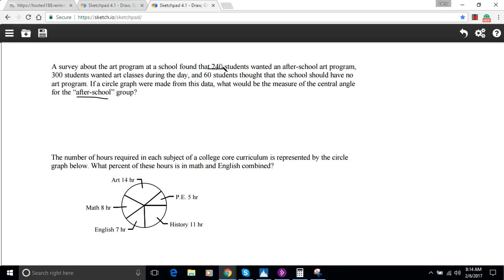So we want to, again, create a fraction of this part out of the whole. So the 240 is going to be on top. And the whole here would be 240 plus 60, that's 300, plus 300, that's 600. And then we're going to multiply that by the number of degrees in a circle, 360.